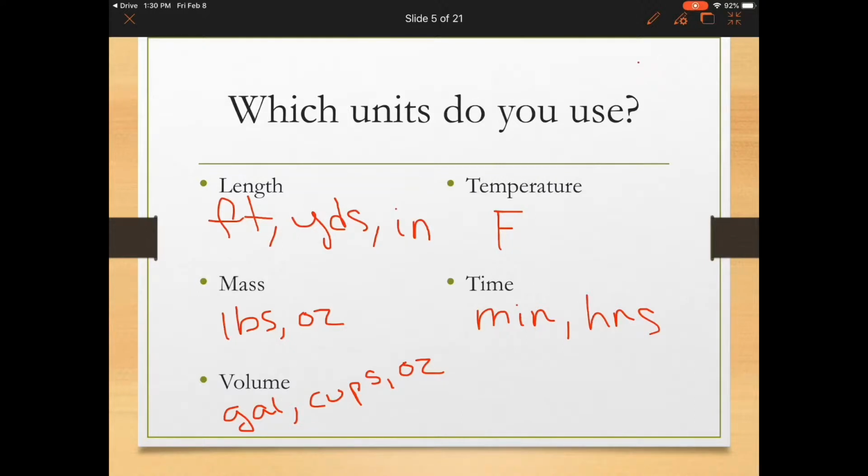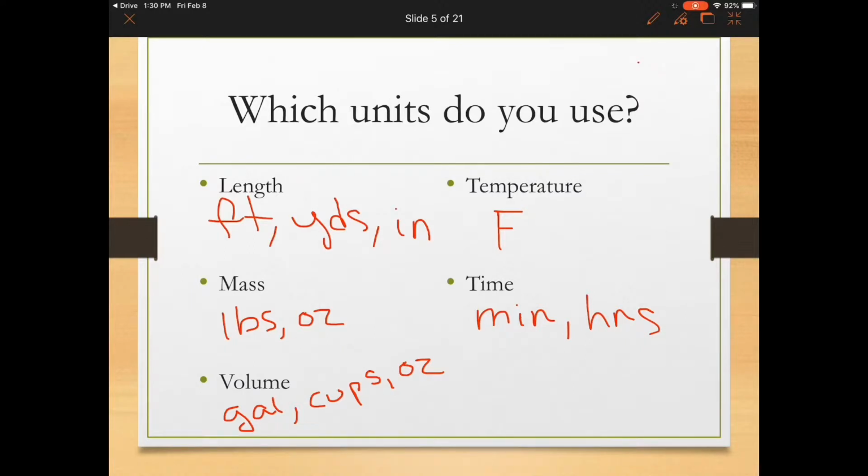So just taking a look at all of the units we use daily, think about it if you use these units and then all of a sudden you're in Europe and you're like, oh, it's 80 degrees out here. And to you, you're speaking in Fahrenheit.